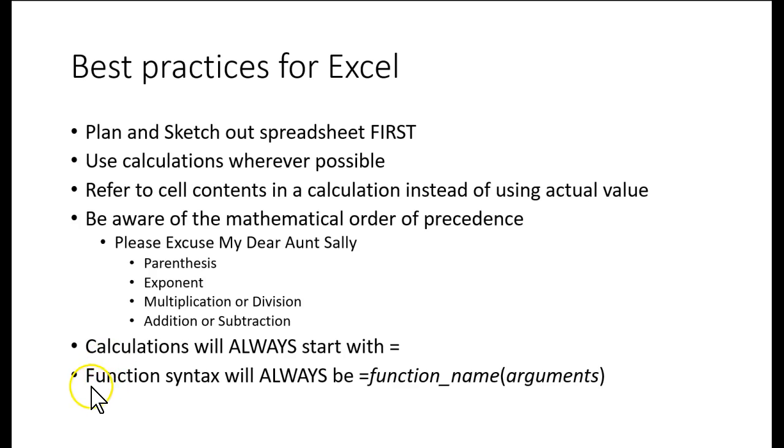And then any functions that we're using follow the same syntax. The syntax for functions will always be equals, as I said, remember we always start some kind of calculation with an equal sign, the name of the function, open parentheses, the arguments of the function, and close parentheses. So that will make more sense in a couple of minutes.